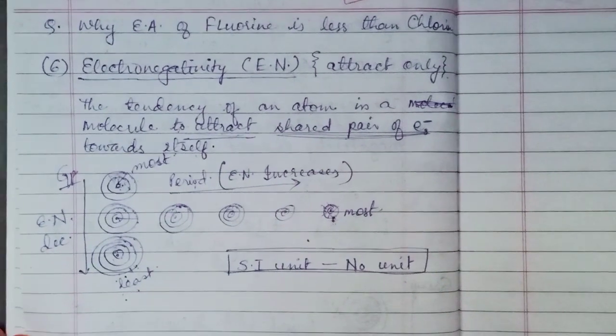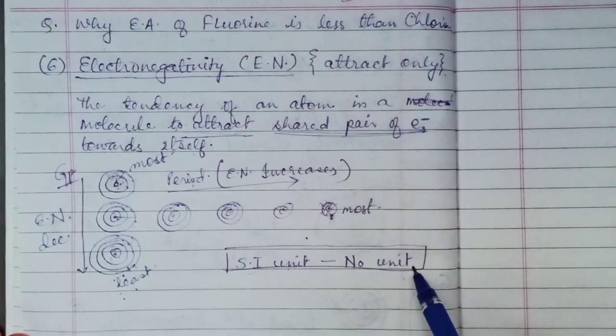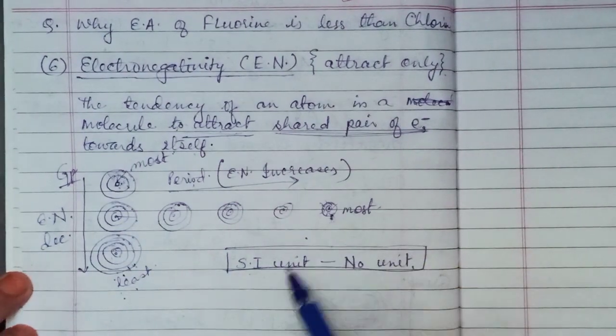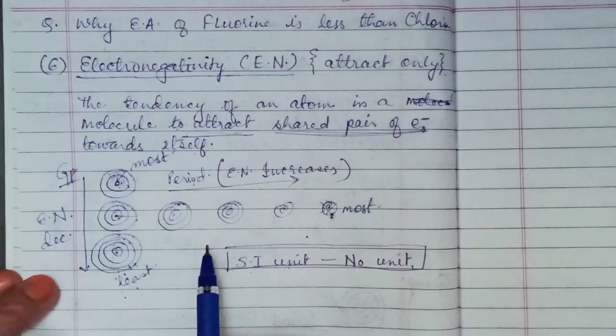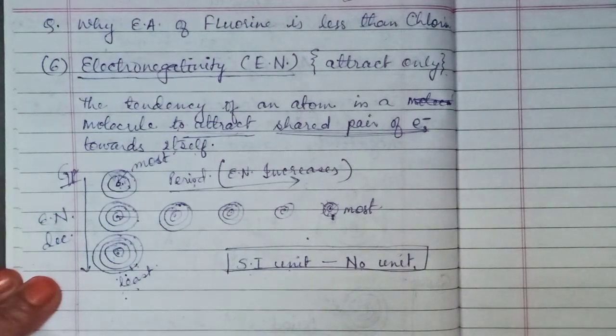Now see here, SI unit of electronegativity is no unit. Okay, because it is not having a unit, it is just attraction towards shared pair of electron. That's why it does not have any SI unit.